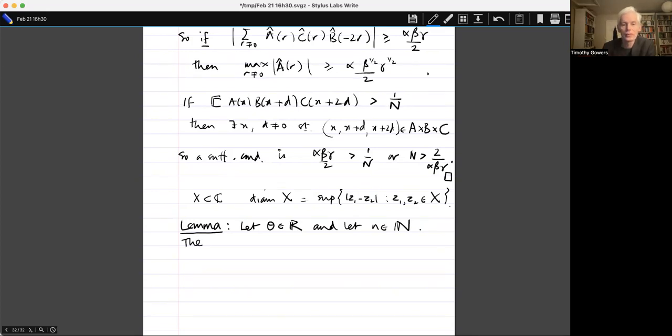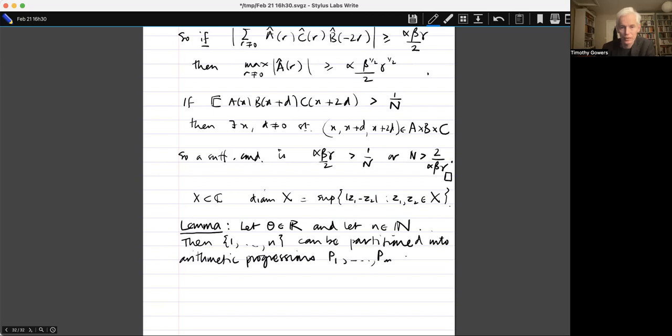Then for all epsilon greater than 0, the set 1 up to n can be partitioned into arithmetic progressions P1 up to Pm, of size at least epsilon n, and I've unfortunately forgotten, I think I get 32 pi, and I definitely have to reserve the right to modify that. If it comes out differently this time, I prove it.